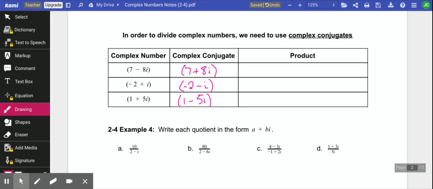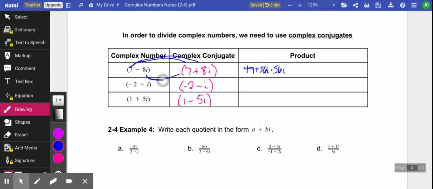Now, something pretty cool happens when you multiply conjugates. So we're going to multiply these two things. So we get 49 plus 56i minus 56i minus 64i squared. And you'll notice that 56 and -56 cancel out. That is always going to happen with conjugates. Always, always.